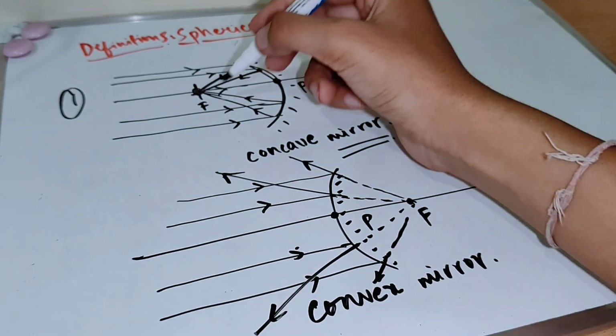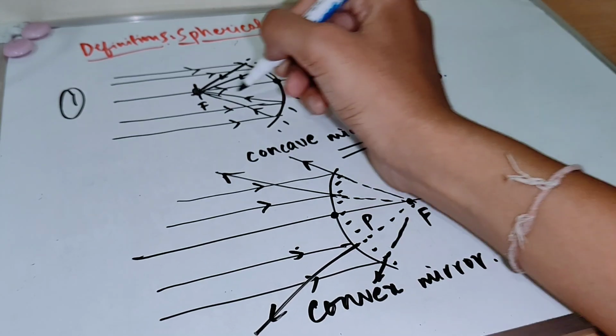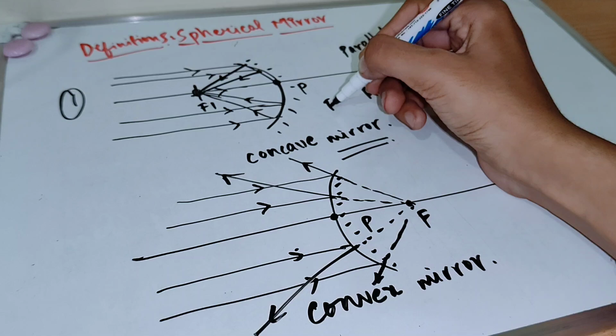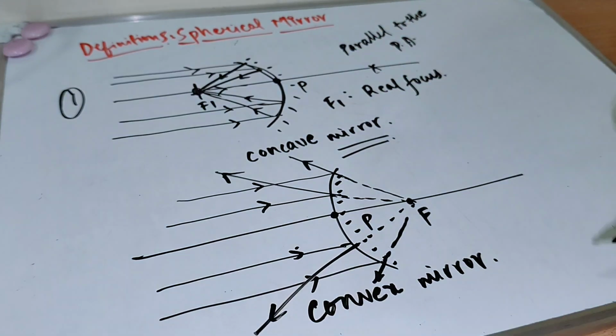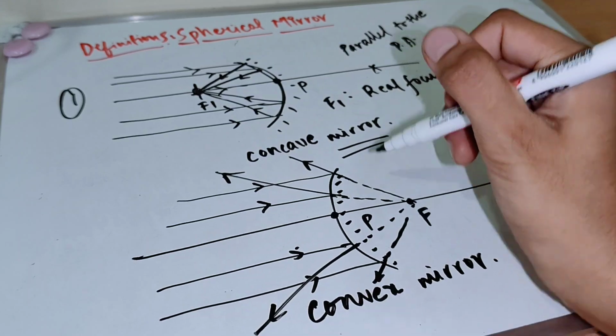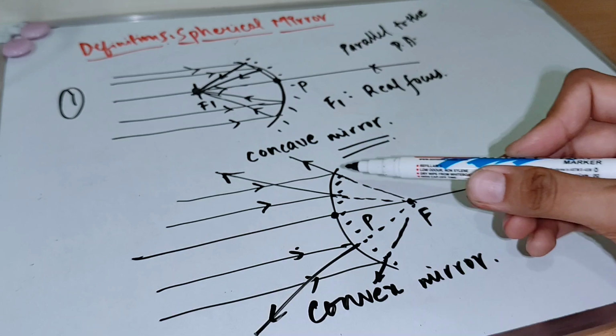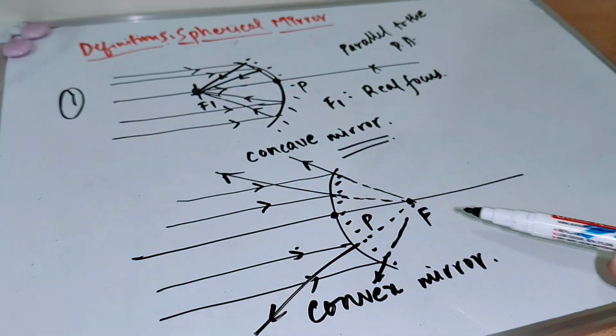So this gets the name real focus. Let's call it F1. So F1 is the real focus. It is real, and over here I can see that real light came and got bent like this.